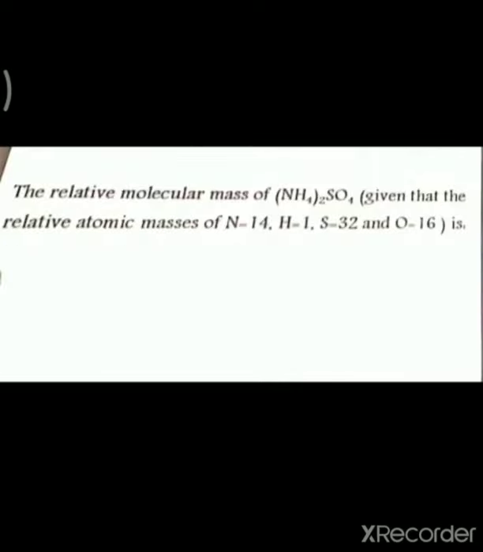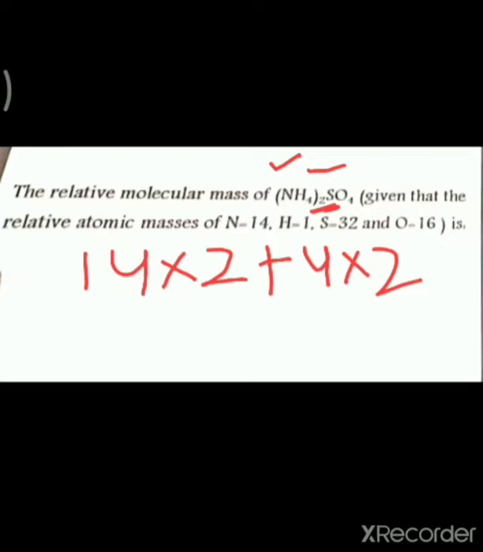Now see another example: we will calculate the molecular mass of (NH4)2SO4. NH4 whole twice means this 2 is for nitrogen and for hydrogen also. So nitrogen 1 is 14, so 14 into 2, plus hydrogen 4 into 2. Hydrogen has 4 atoms, that's why 4 into 2, and the whole twice is there, that's why into 2.